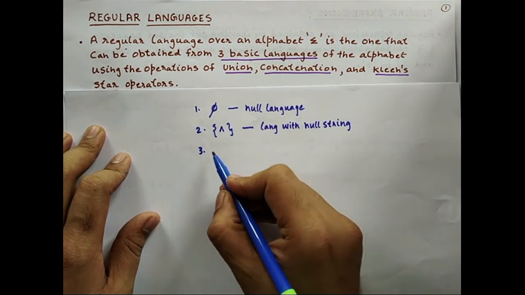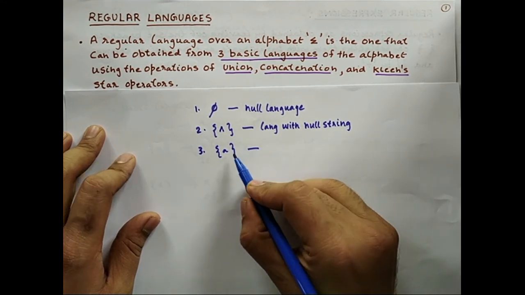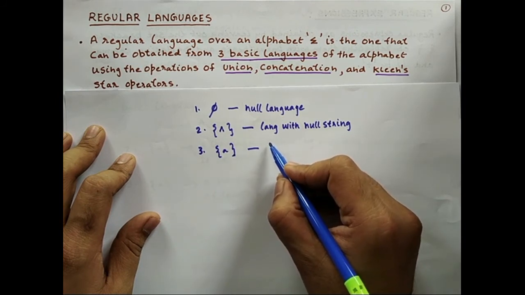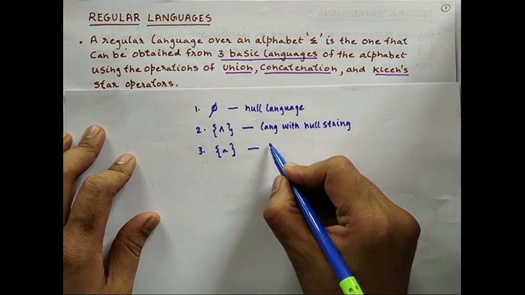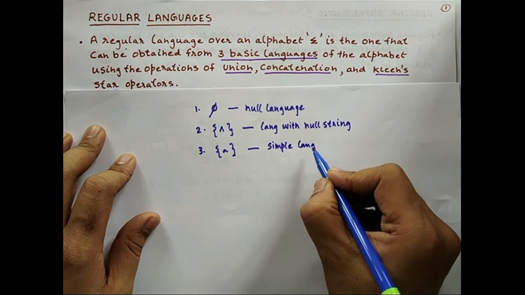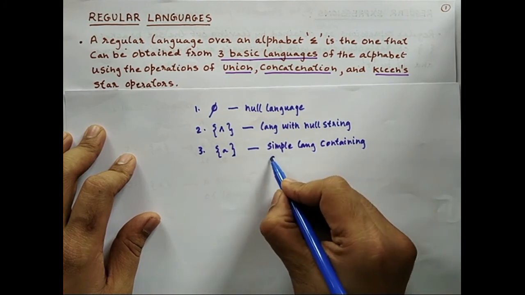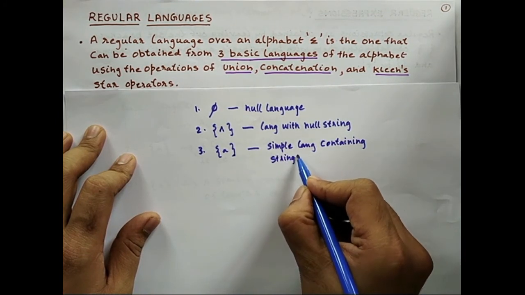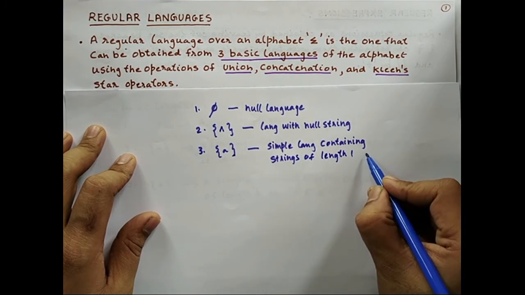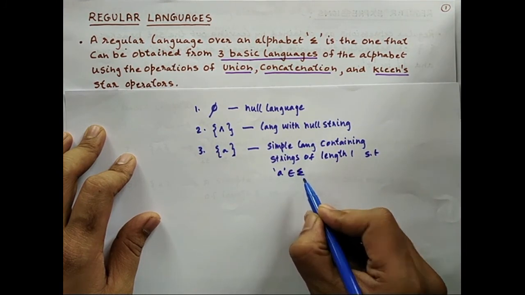And the third basic language is, assuming that A is one of the symbols in the alphabet set, the language containing only one string of length 1, such that this A belongs to sigma.